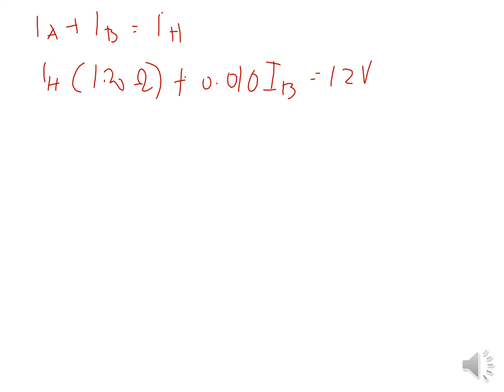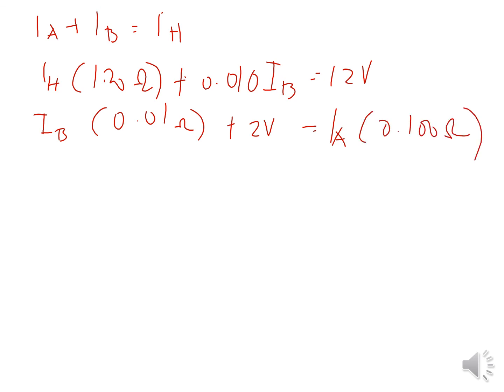IB multiplied by 0.01 ohms, plus 2 volts equal to IA multiplied by 0.1. Okay, so here are our equations.